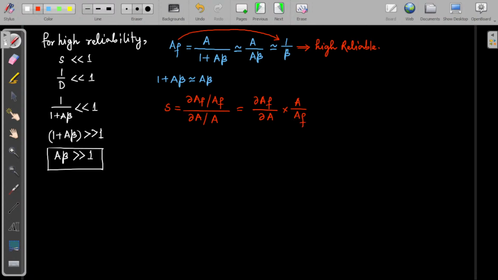That was the equation. From this equation we have seen that this was equal to 1 by 1 plus A beta.